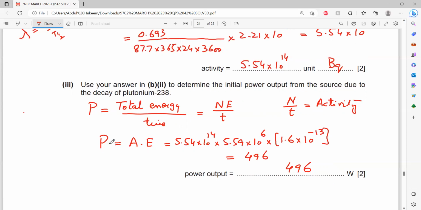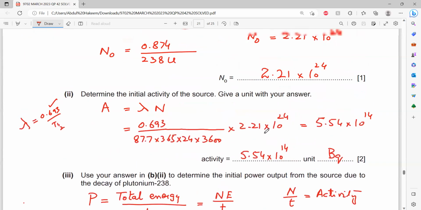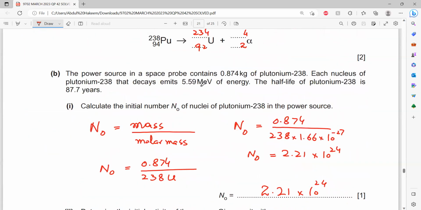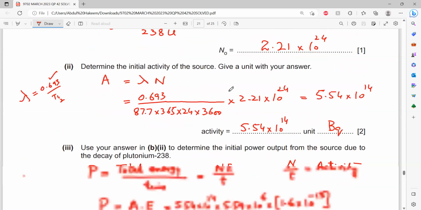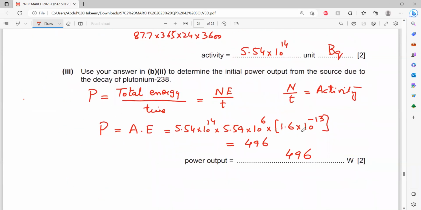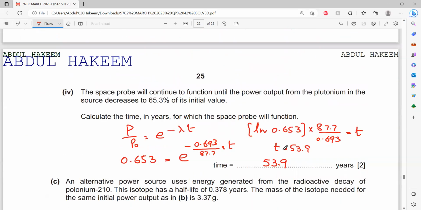So the formula for the power will be activity times the energy of one decay. So the activity we have calculated here is 5.54 times 10 to the power 14, and the energy is given as 5.59 times 10 to the power 6 electron volts, that is mega electron volts. So 1 mega electron volt is converted into joules, which is 1.6 times 10 to the power minus 13. So the answer is coming 496. This is in watts for the power.